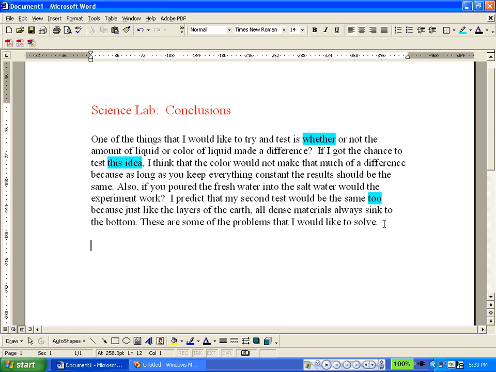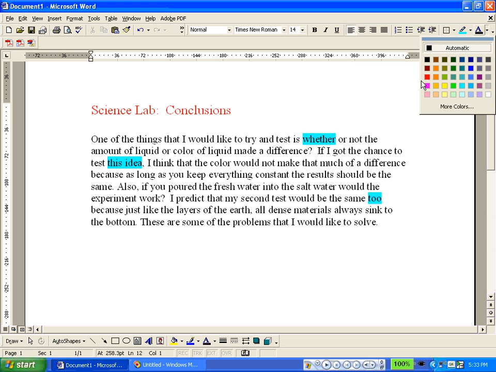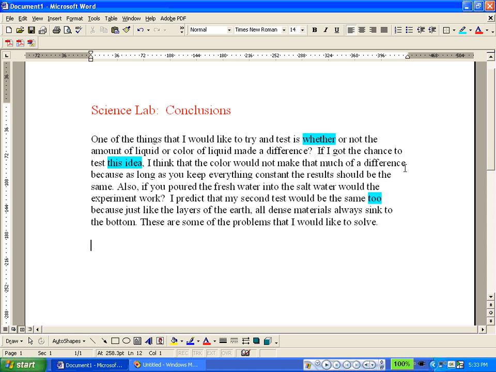Alright, let's get some points to remember here. I'll get my red highlighter out. First point to remember. Always list your predictions after your questions.